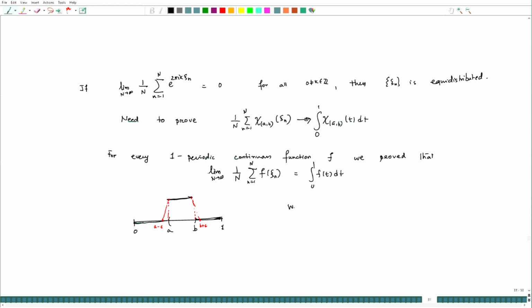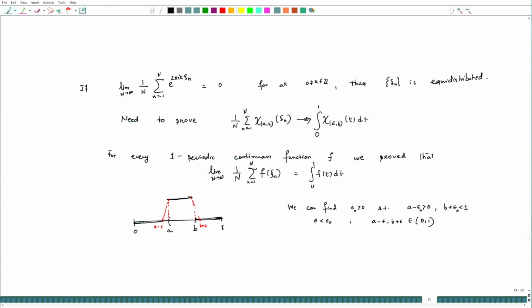So we can find epsilon positive such that a minus epsilon is strictly positive and b plus epsilon is strictly less than 1. That I can always get. Call this epsilon naught. So for any epsilon less than epsilon naught, a minus epsilon and b plus epsilon are in 0 1.